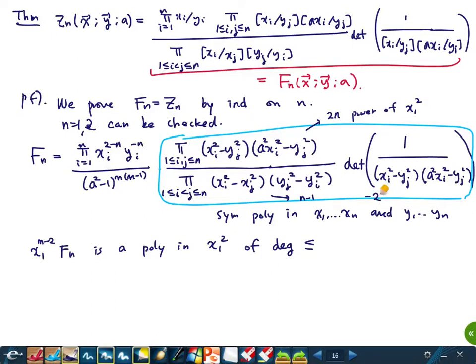So the possible degree is 2n minus n minus 1 minus 2, which is n minus 1. So the maximum possible degree is n minus 1. All right?